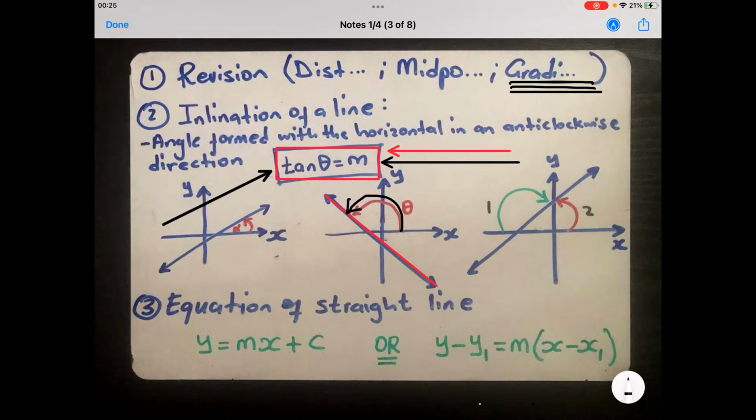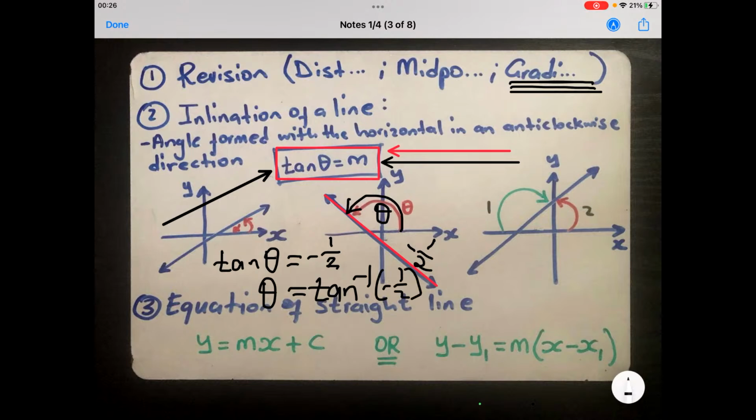So let's say the gradient is negative 1/2. So to calculate that angle of inclination, you say tan of the angle of inclination is equal to negative 1/2. Then you say second function of tan, negative 1/2.